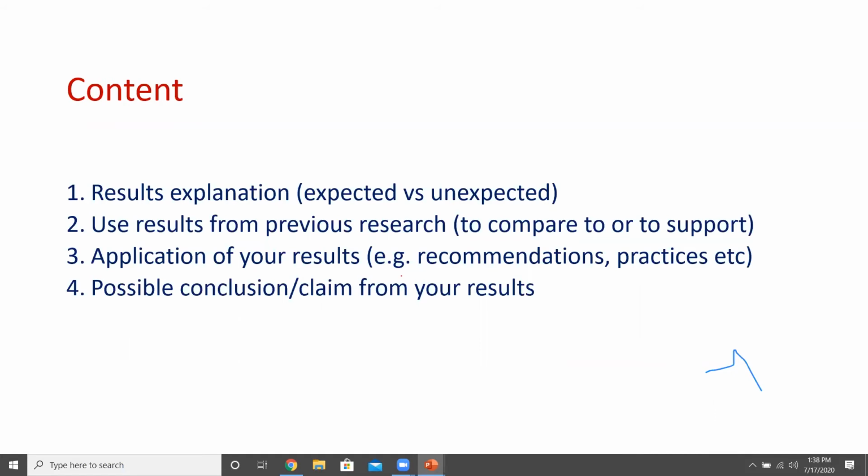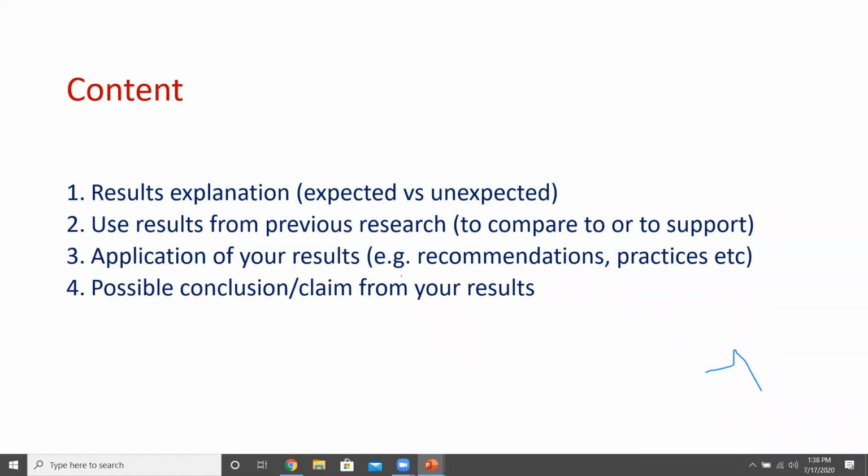Number three in the content is application of your results. Recommendations, practices. You've already explained your results. You've linked your results to the prior research papers. Now, as a researcher, you have to tell the reader where you think your results could be applicable.